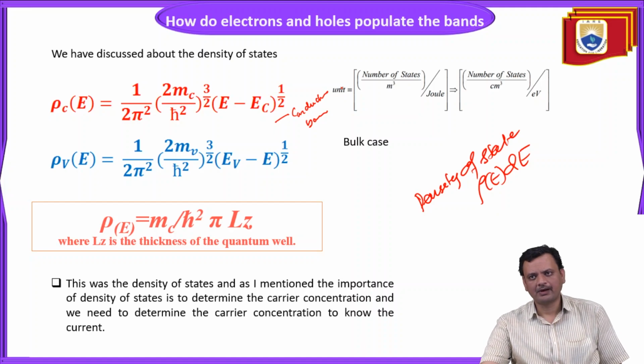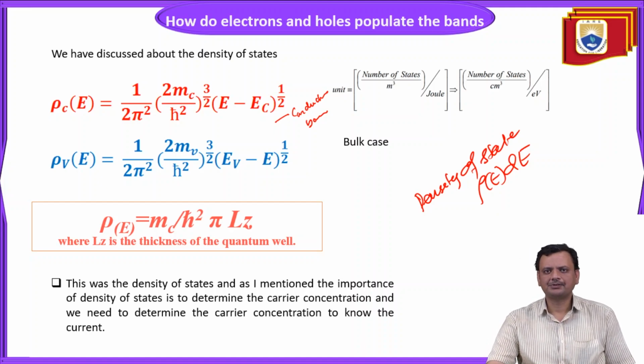For the valence band, the density of states rho(E) is equal to 1 upon 2 pi square (2 mv upon h cross square) whole to the power 3 by 2 multiplied by (Ev minus E) whole to the power half.